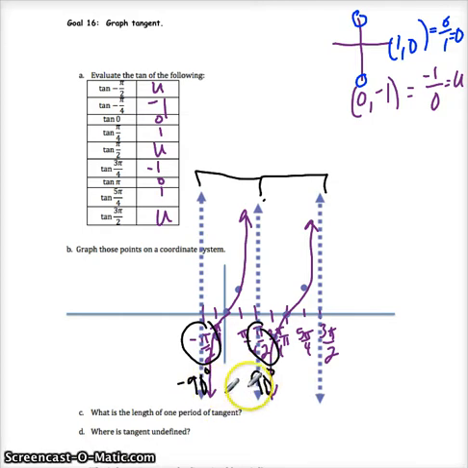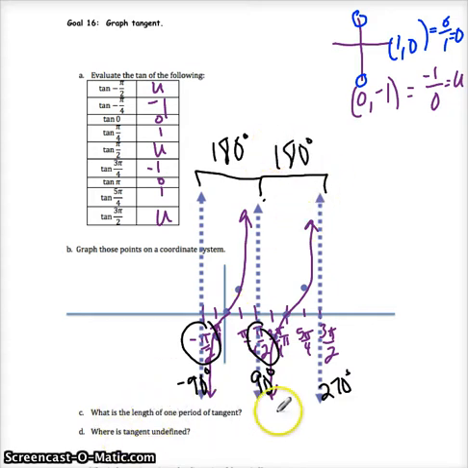How many degrees separate these two? Negative 90 is 90 degrees plus 90 more. Okay, these two are separated by 180 degrees. What about from 90 degrees to 3 pi over 2, which is 270 degrees? 270 minus 90 is 180, so it repeats itself again after 180 degrees.